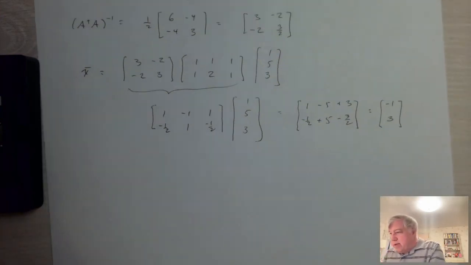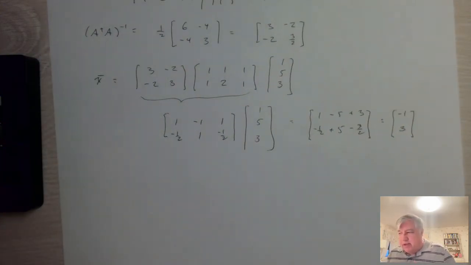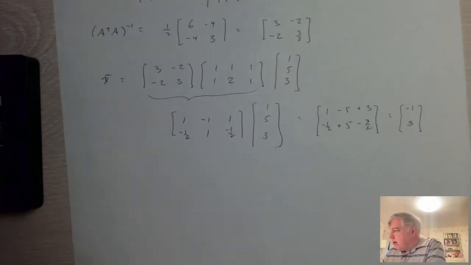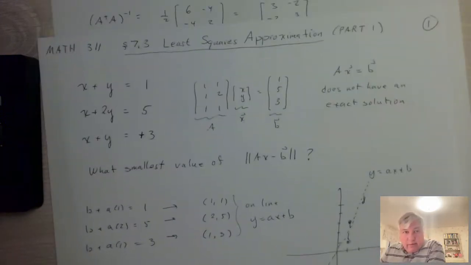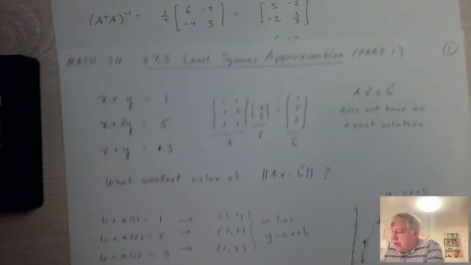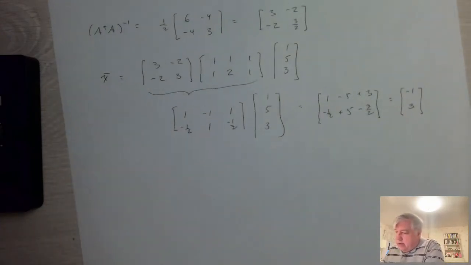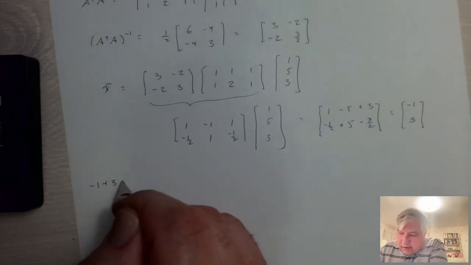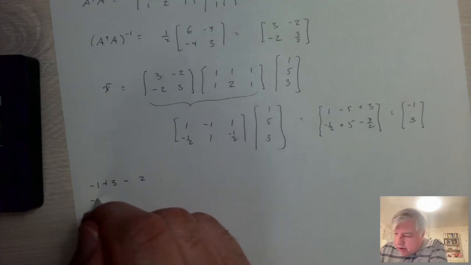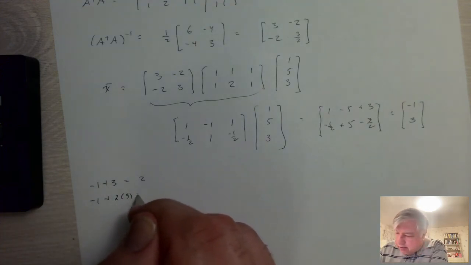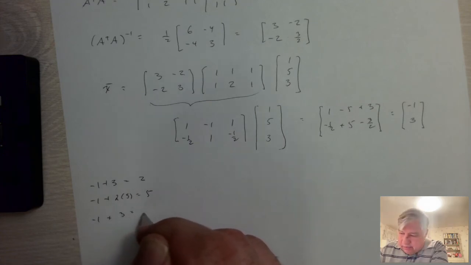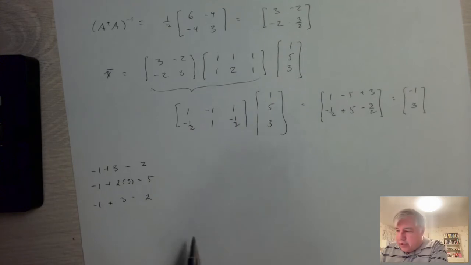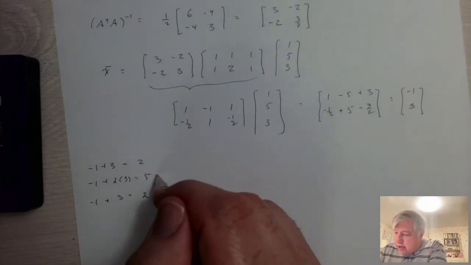Now, that indicates this would be the best, quote-unquote, solution that we have. And in fact, if we go back to our original system here and take x and y as the solution, the second equation comes out exactly equal to 5.